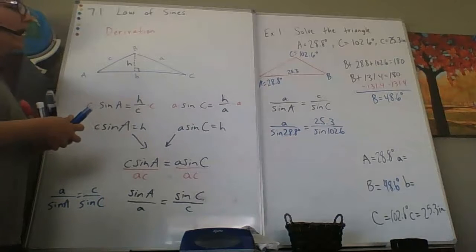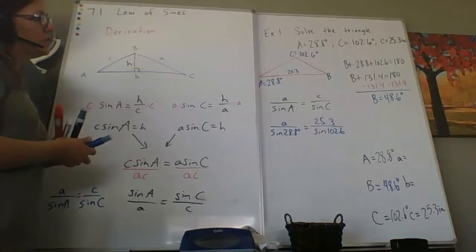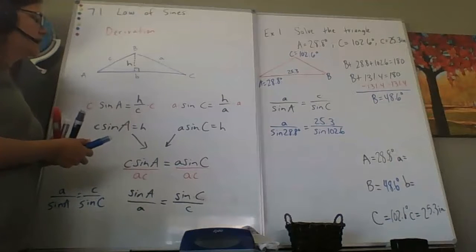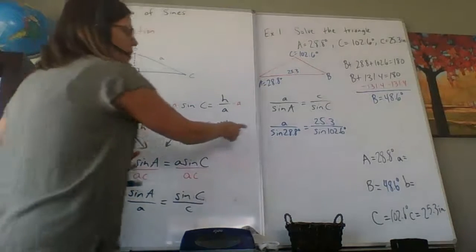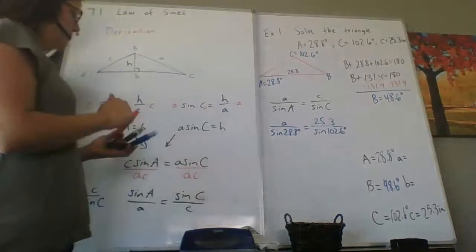So we get A over sine of 28.8 degrees equals 25.3 over sine of 102.6 degrees. In order to solve for A, we could either cross multiply or simply multiply both sides by sine of 28.8 degrees.